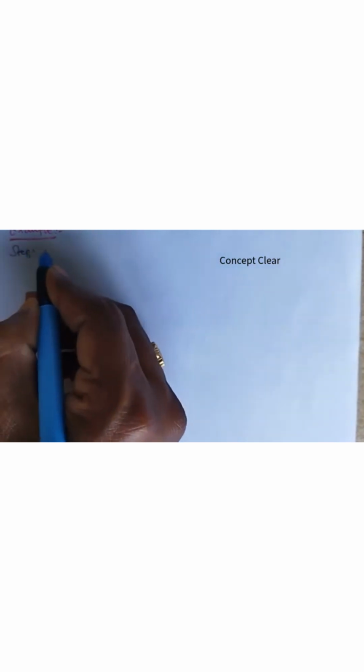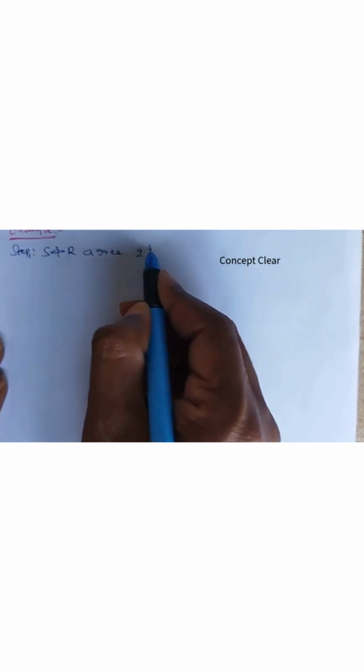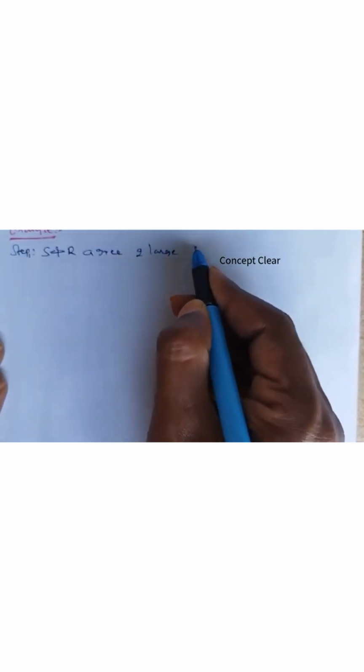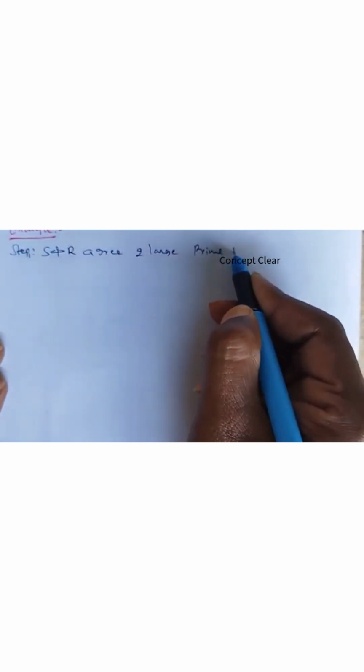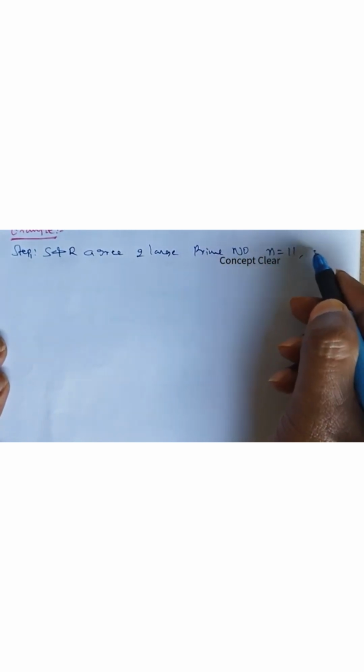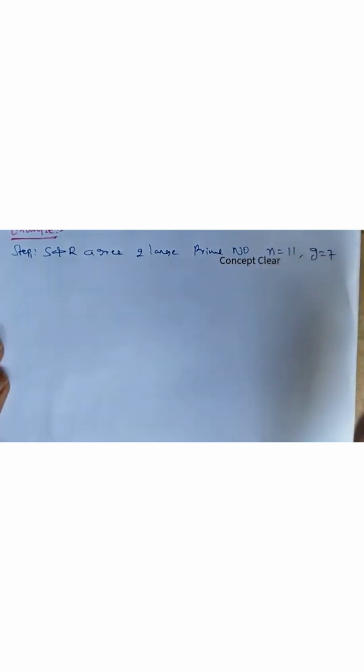Here we will see one example. Step 1: sender and receiver agree to large prime numbers n equals 11, g equals 7.